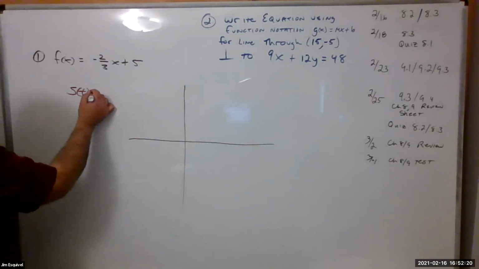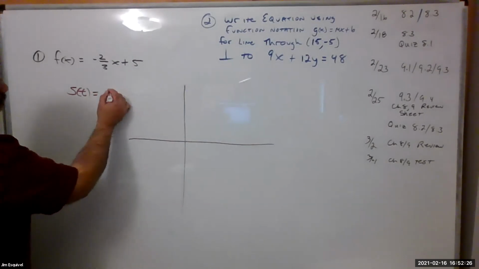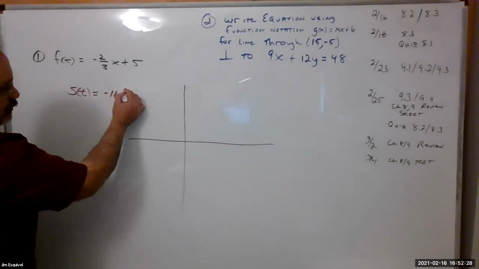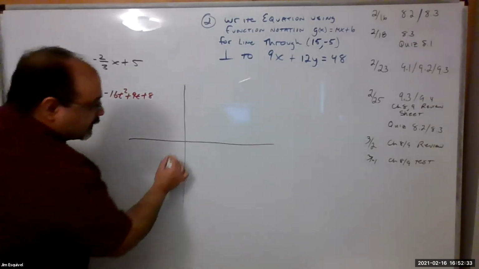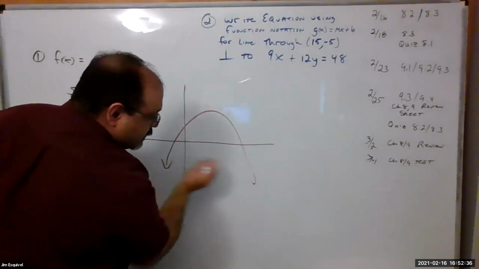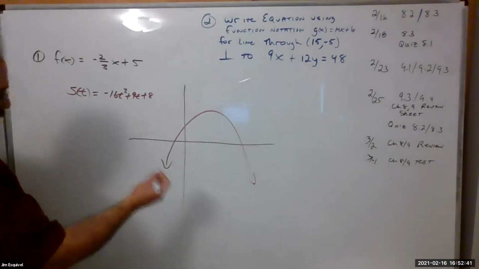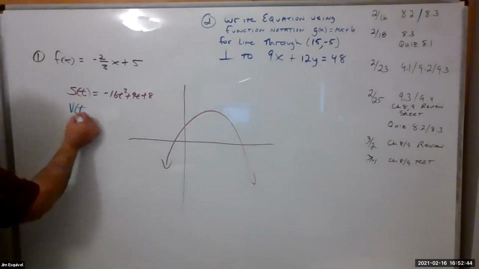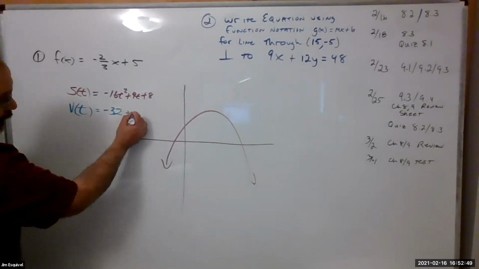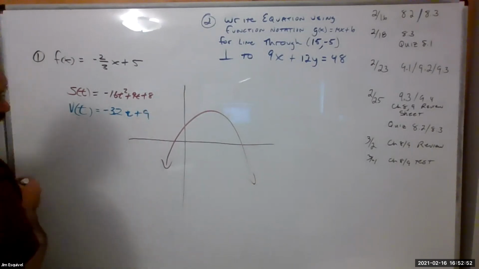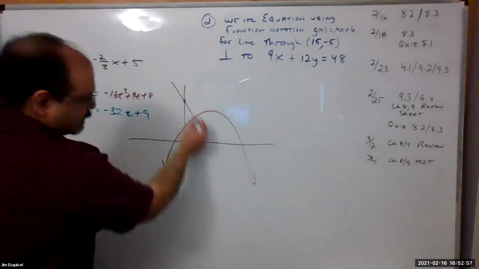S of t would be equal to something like negative 16t squared plus 9t plus 8. And it may look something like this. And that's the position of the function. The velocity at any given time, the velocity of the function, v of t, would be negative 32t plus 9. So the velocity of the function may look something like this.